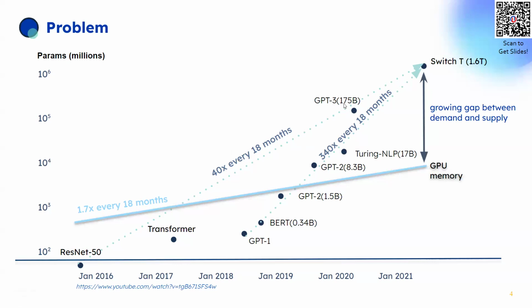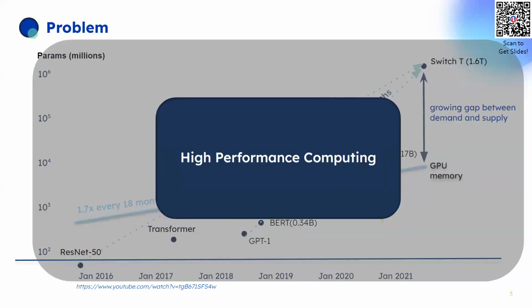So that's why we need to redefine the software, redefine the infrastructure to handle this model training, fine-tuning, and deployment. The technique behind the infrastructure for large AI models is high performance computing.